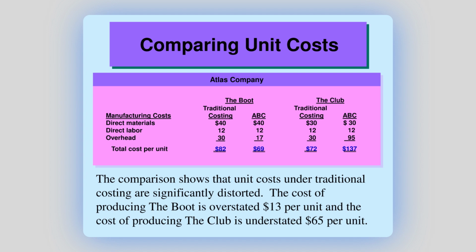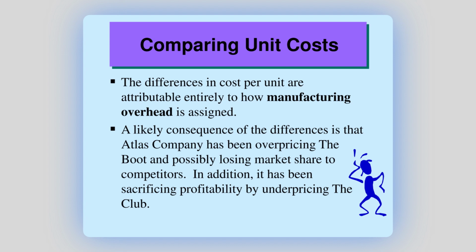And the cost of producing the club naman is understated by 65 per unit. So, paano yung pag ganon pa? So, paano pag ganon? Okay? So, comparing the unit costs, the difference in the cost per unit are attributable entirely to the manufacturing overhead. Okay. Likely consequences of the difference is that Atlas has been overpricing the boot and possibly losing the market. In addition, it has been sacrificing profitability by the underpricing in the club.